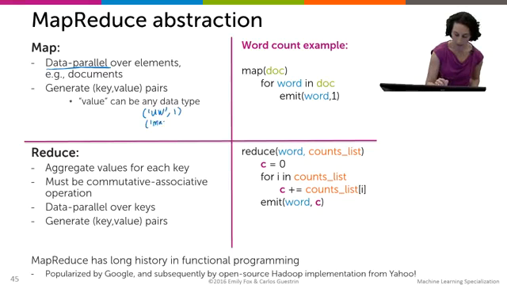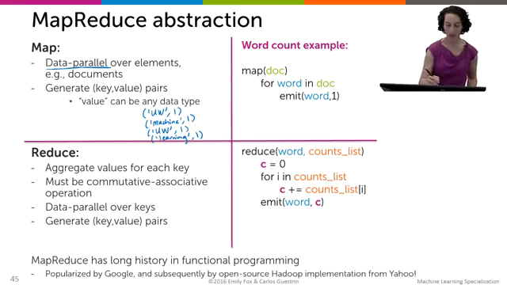We see the word machine, we put machine 1. Then we happen to see UW again, so we put UW 1. And then we see learning, so we emit learning 1, and so on.